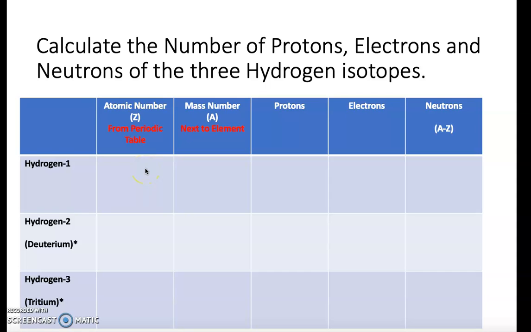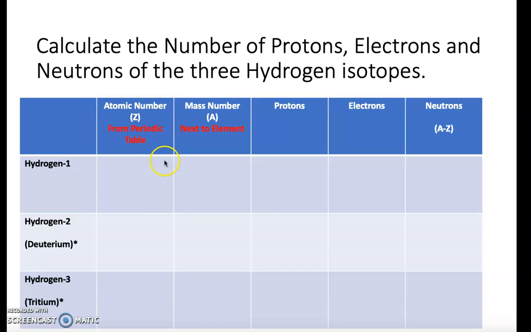So let's do a little practice here. Let's look at 3 isotopes of hydrogen. So we have hydrogen-1, hydrogen-2, hydrogen-3. Hydrogen-2 is also known as deuterium, and hydrogen-3 is also known as tritium.